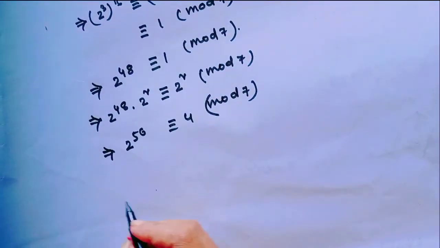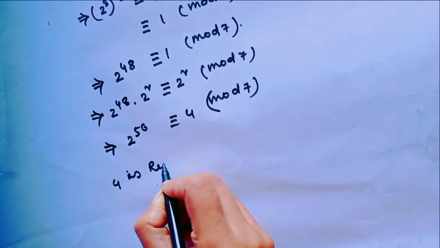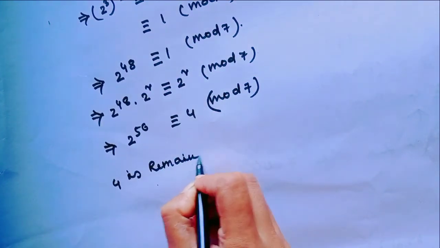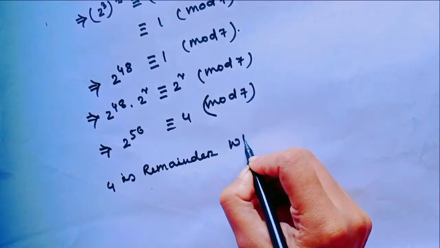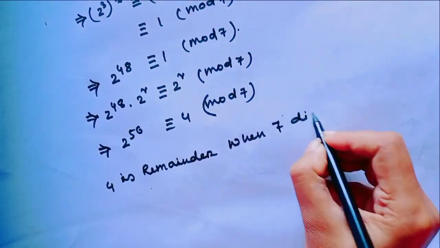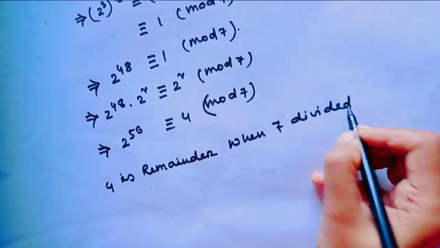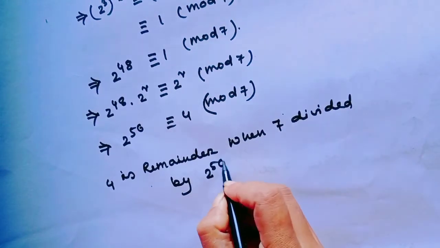That means 4 is the remainder when 2 to the power 50 is divided by 7.